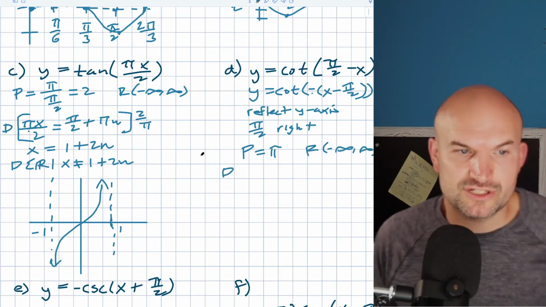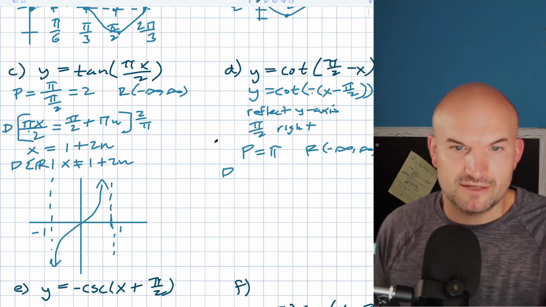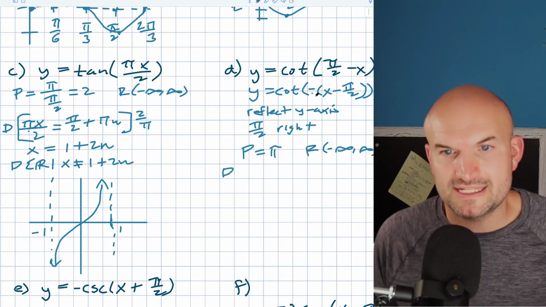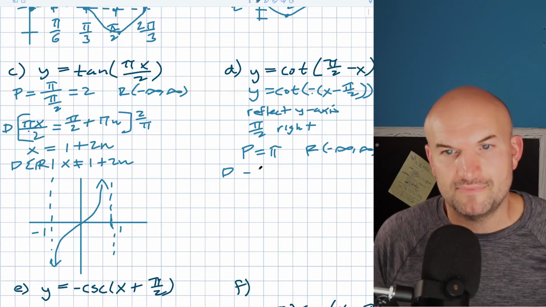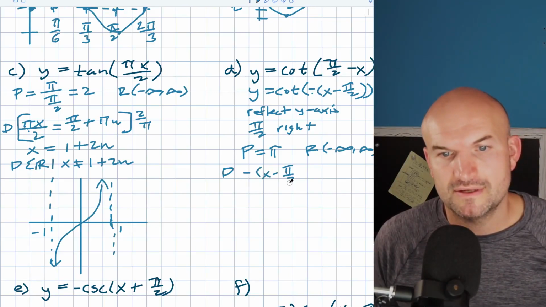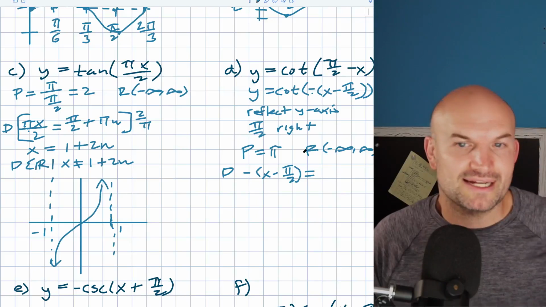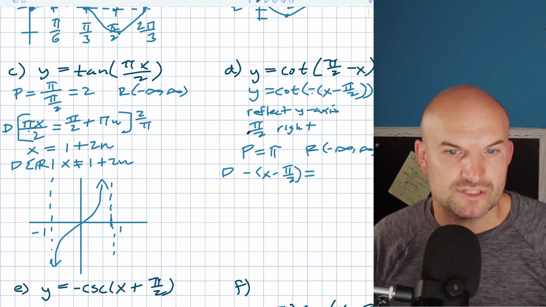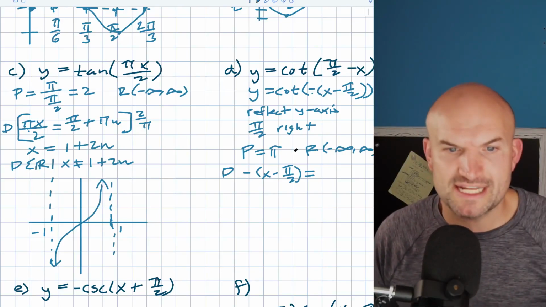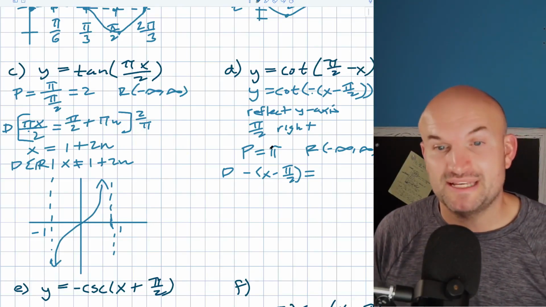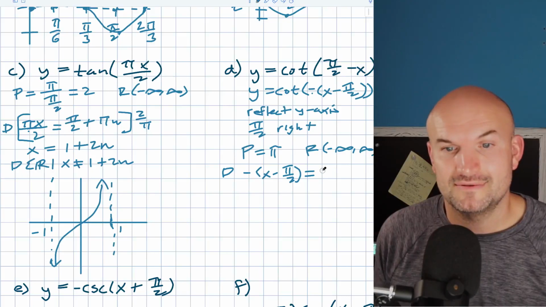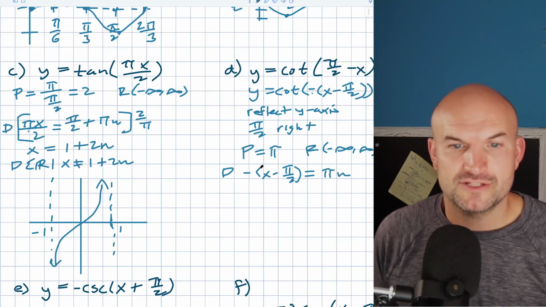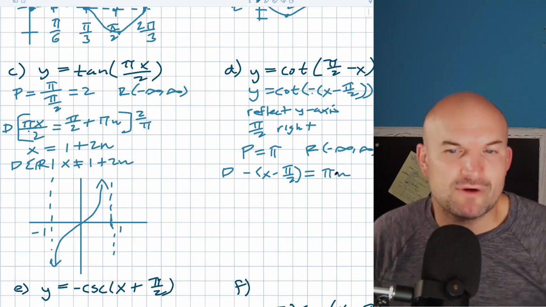Now my domain, just like we did over here, what we're simply going to do is set this equal to negative x minus pi halves. I'm going to set whatever's inside the function equal to the asymptote equation. Now what's the asymptote equation for cotangent? That's going to be pi n, where n represents any integer.